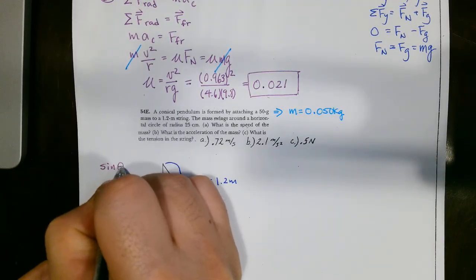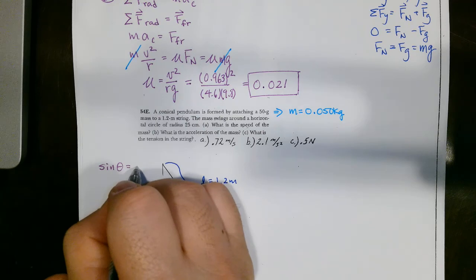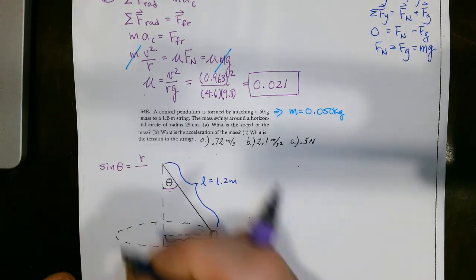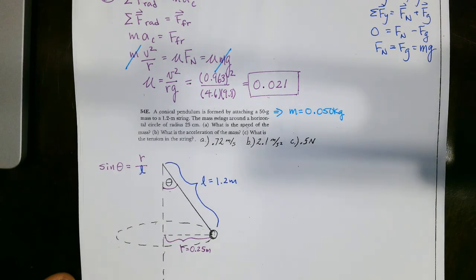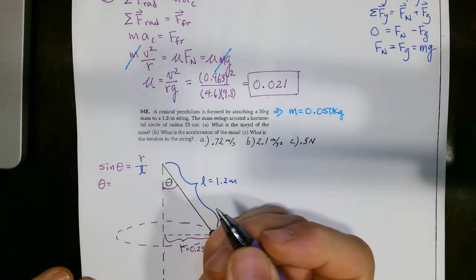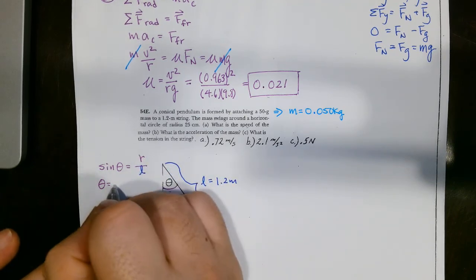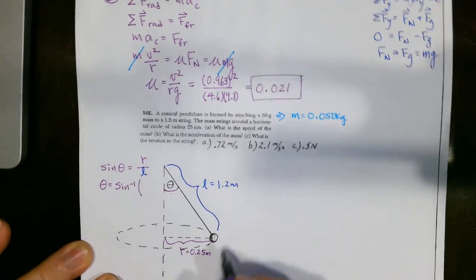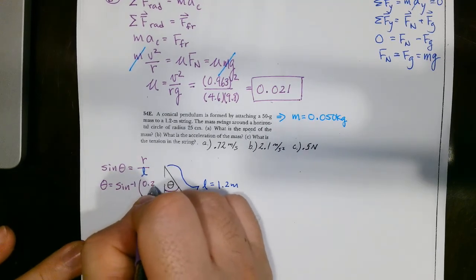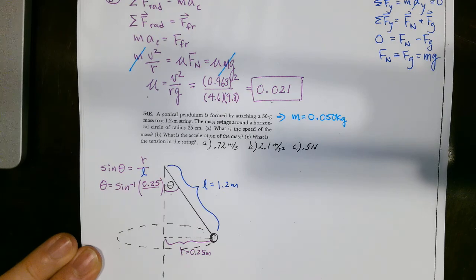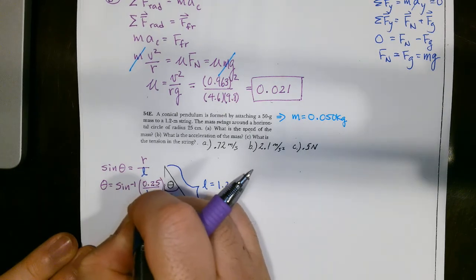So sine of theta is equal to simply r over L. So theta is equal to sine inverse of r, which is 0.25, over L, which is 1.2.